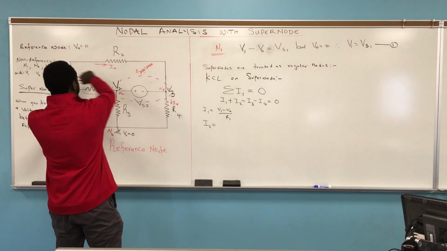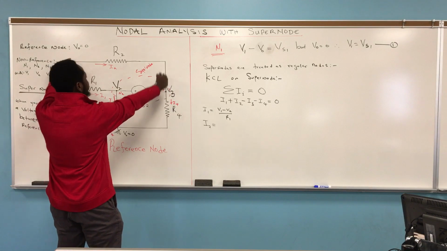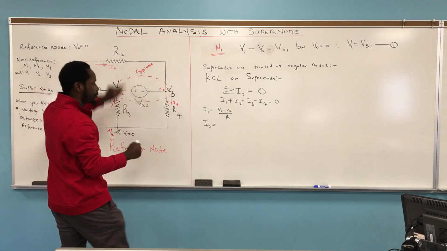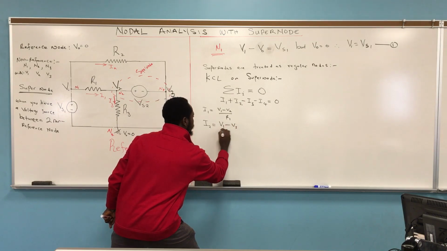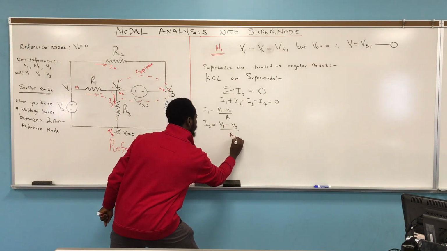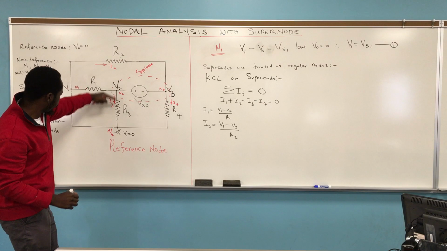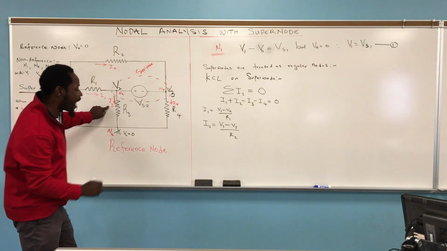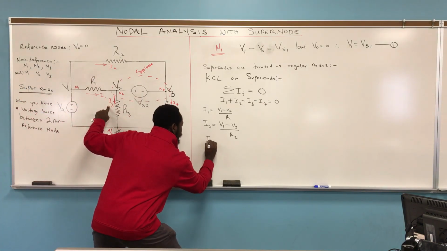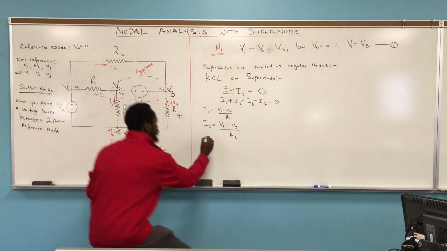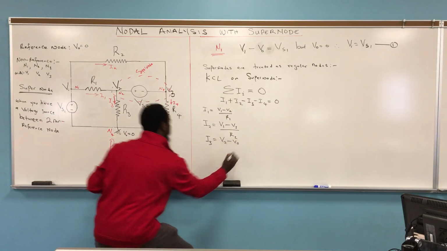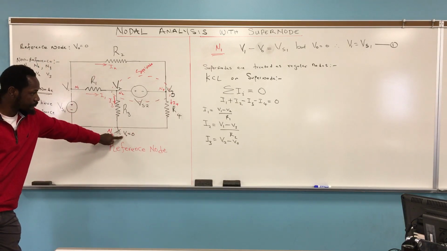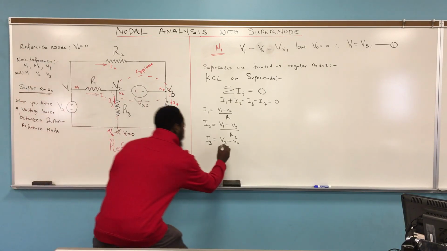Because you look at the voltages at each end of the resistor, right? So V1 minus V3 divided by R2. Now we're here. I3 is flowing downward, so it's going to be V2 minus V0, right? Divided by R3.